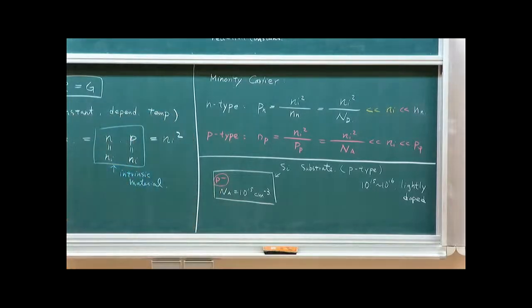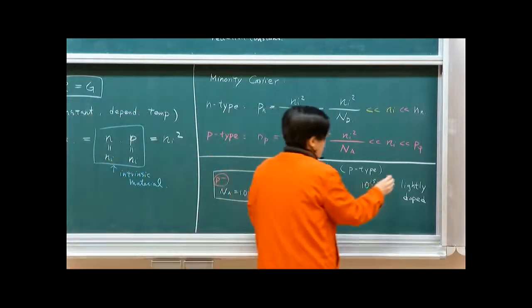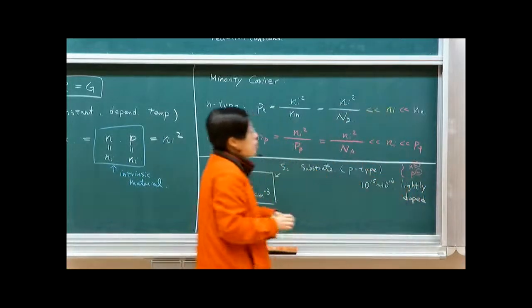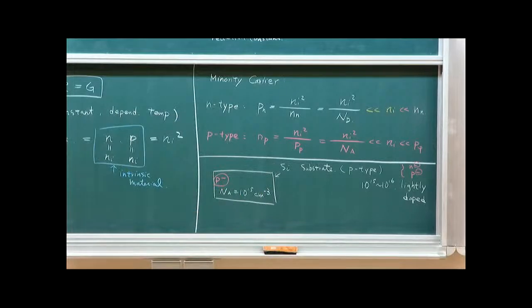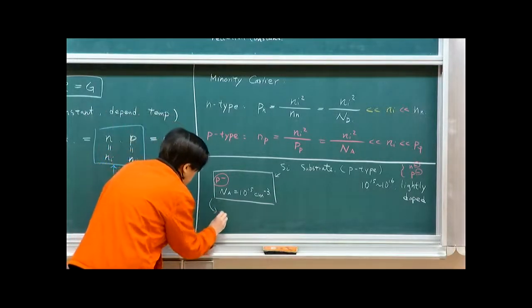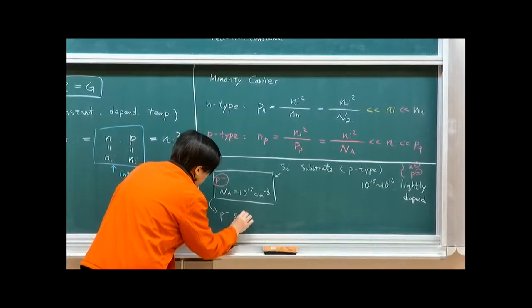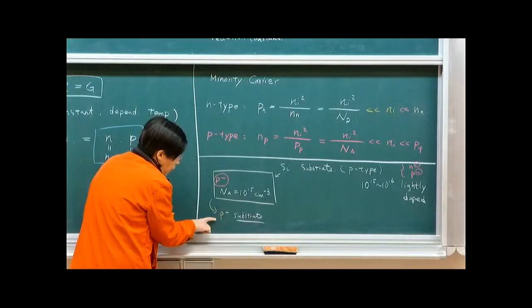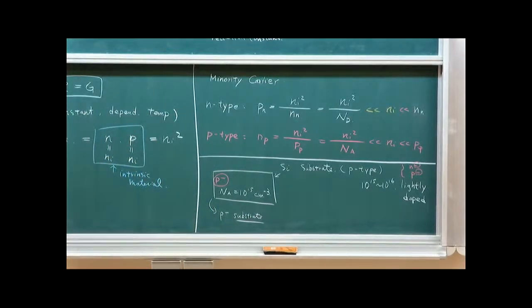P minus simply means lightly doped. It can be N minus or P minus. So the minus sign simply means that it's lightly doped. Okay? So you start with a P minus substrate. This tells you that it's p-type doped, but lightly doped, in the range of 10 to the 15 to 10 to the 16th. That's generally referred to as the lightly doped version.